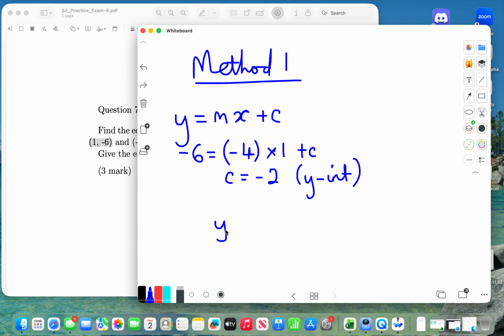And this gives us the final equation. We substitute the value of m, and we substitute the value of c. Now we've substituted that point in. We should check the other point satisfies the equation.